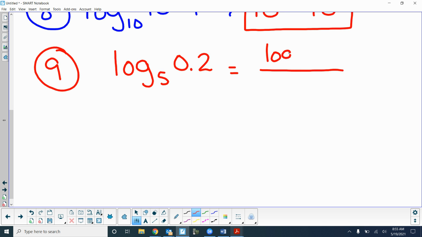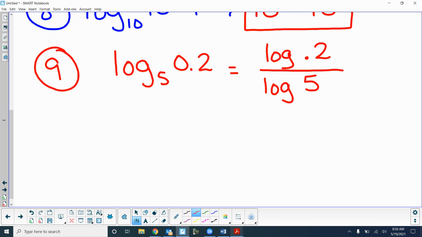Take the log of the number and divide it by the log of the base. The base stays where? In the basement. Remember that? Or in the bottom. The base stays in the basement or the bottom.